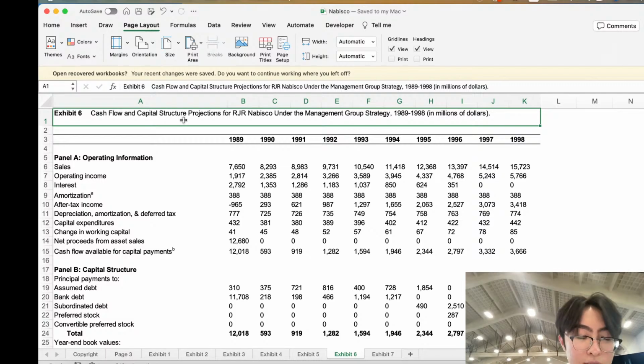All right, so this is how we get the actual levered common equity beta. And this is derived from the actual unlevered beta. And then this changes.